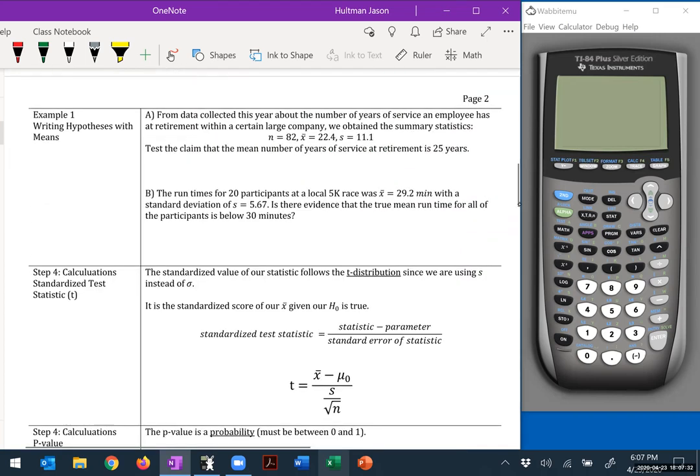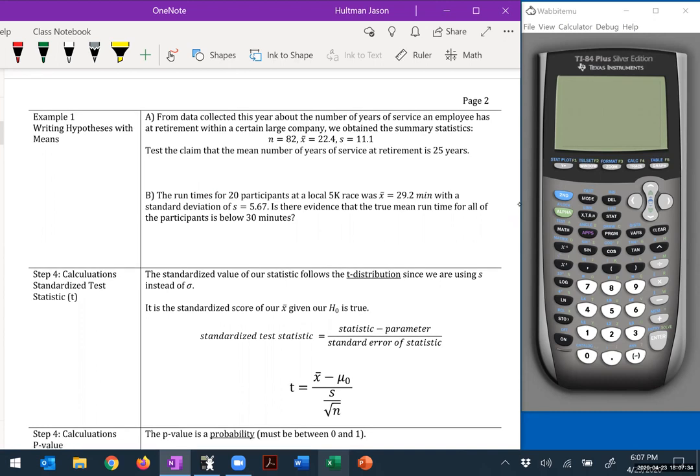Example 1. From the data collected this year about the number of years of service an employee has at retirement within a certain large company, we obtained the summary statistics. N is the number of people interviewed, X bar was the average number of years they were at the company, and the sample standard deviation was 11.1.